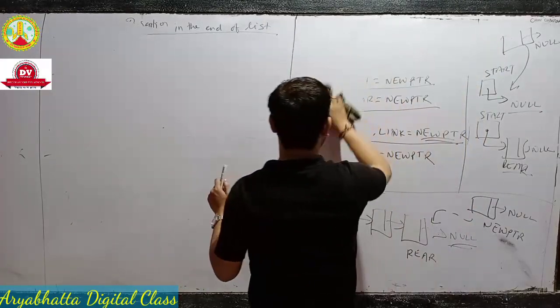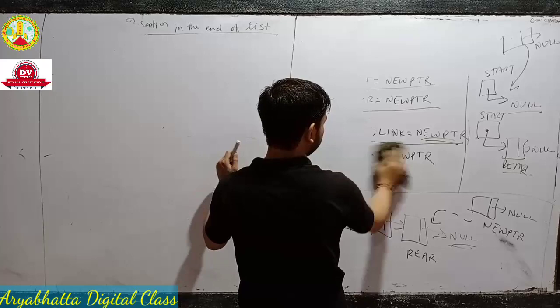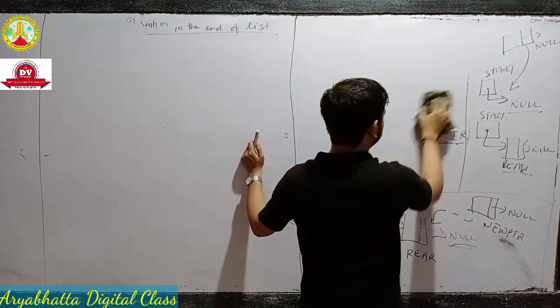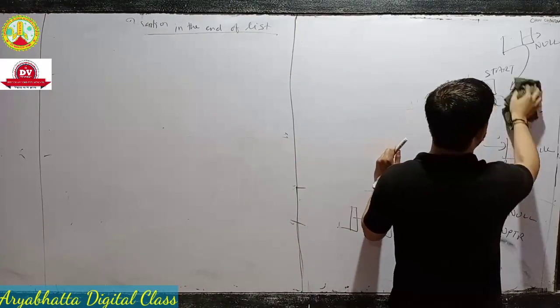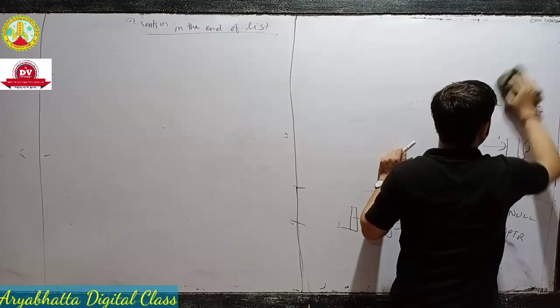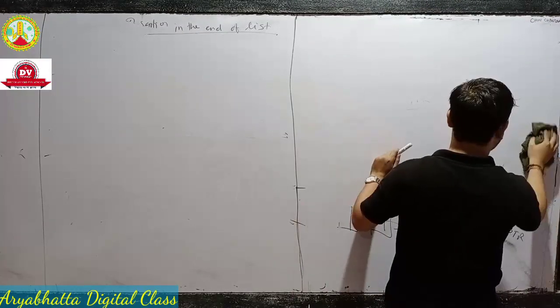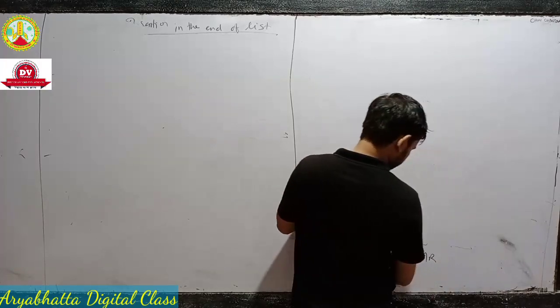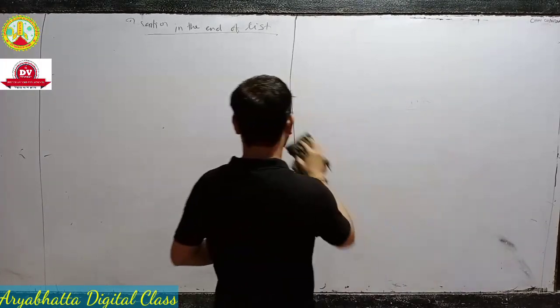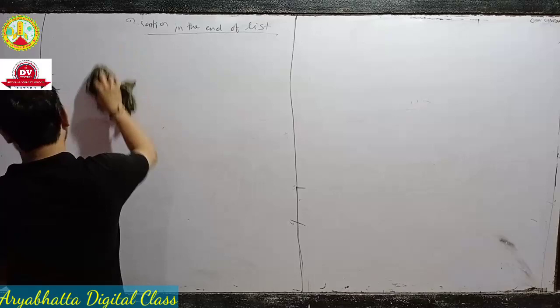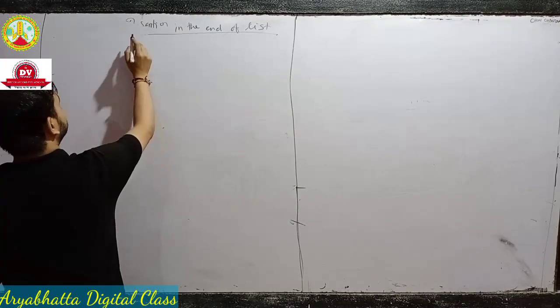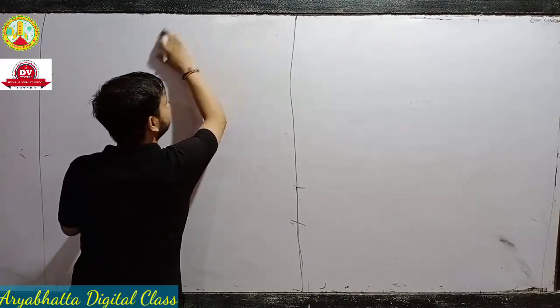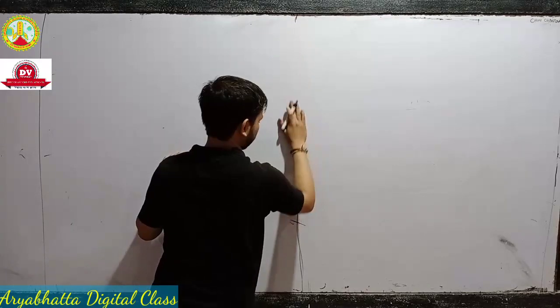We did the program for insertion in the beginning, but the program for insertion at the end is very large, so it will be done in the next class. I will show you one concept. This concept is also important.